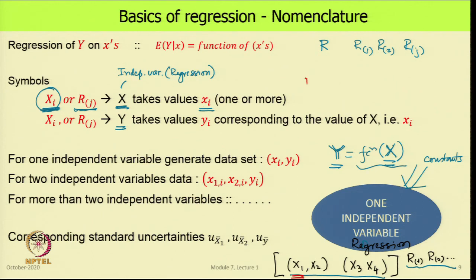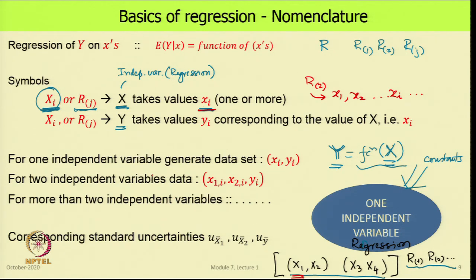So, this could be say R2, and the first value of R2 that we use will be small x1 for our analysis. The second one would be x2 and so on, and that is where we get xi. So, xi is denoting one value of the independent parameter, whatever it may be. So, this is our independent variable xi.